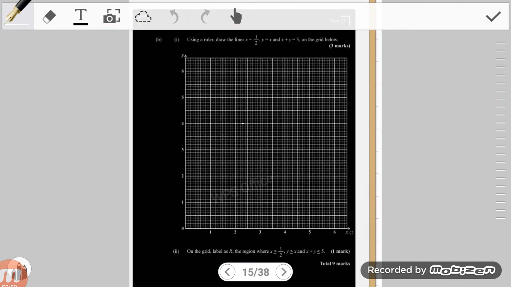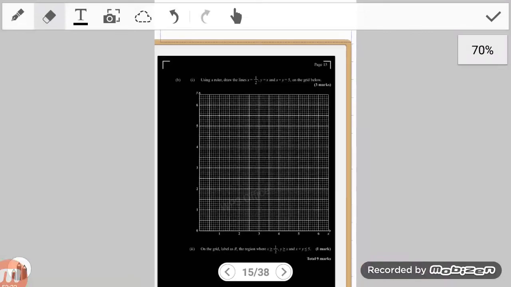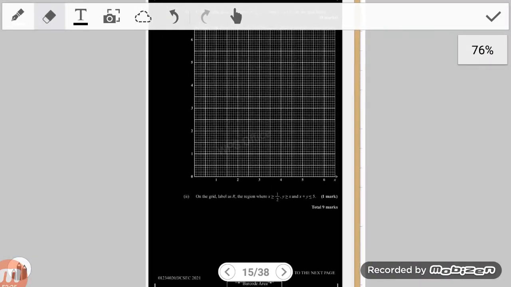So we have our x-axis here, and we have our y-axis already drawn, and the scale that we're going up by here is a 2 to 1 scale. So every 2 squares represent 1, another 2 squares represent 2. Same thing, so the scale on the x-axis is the same as the scale on the y-axis. Alright, so we have to draw those 3 lines there.